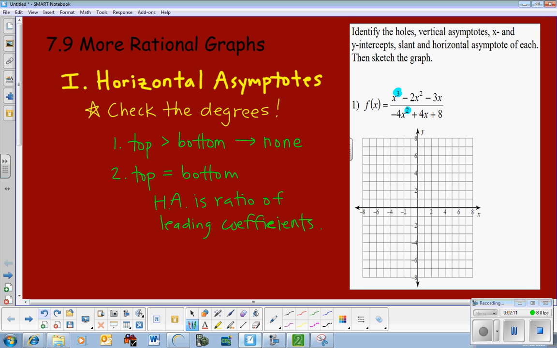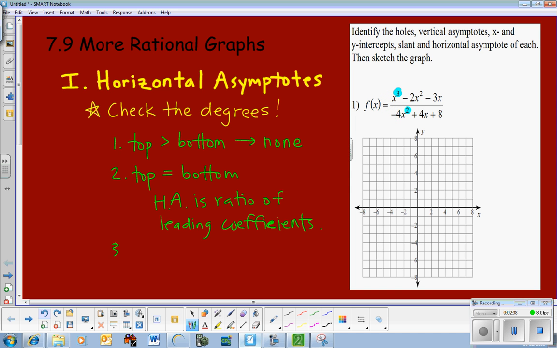But if these had both been squared, then you just take whatever's in front of the x squared and the x squared, and if this were 2, then we would have negative 1/4 as our asymptote. And we've done a few of those before. But just take the ratio of the coefficients. In this case, we do not have that either. We have none because of our degrees. But if they were the same, you would take that ratio.